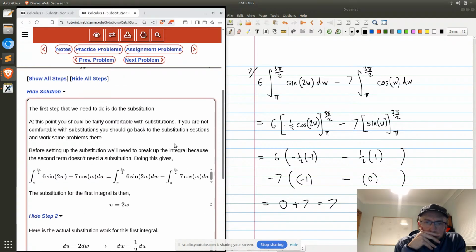All right, so I could do substitution, but I want to see why this isn't right, if it isn't. Where did I go wrong? That's fine.